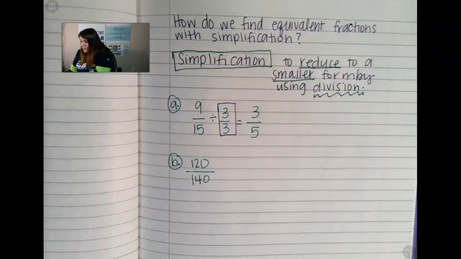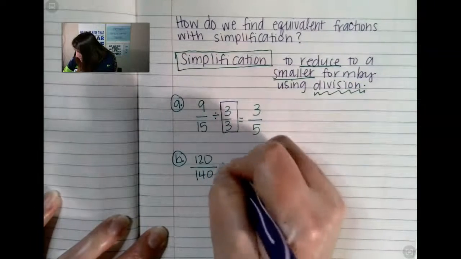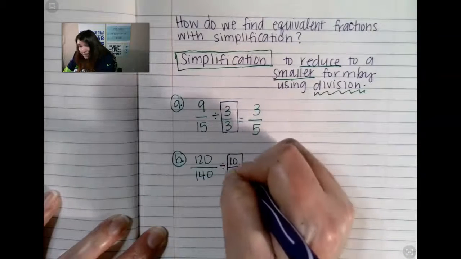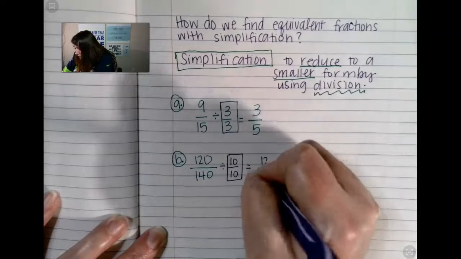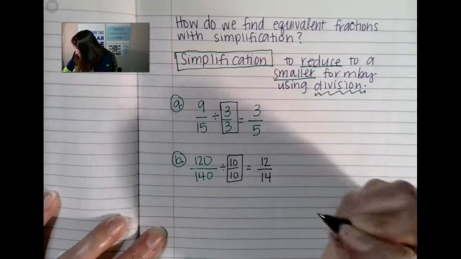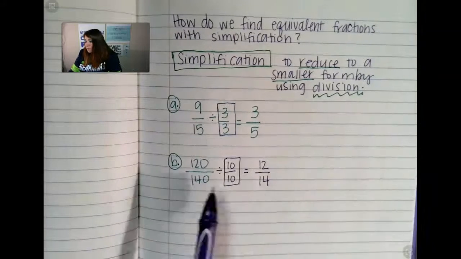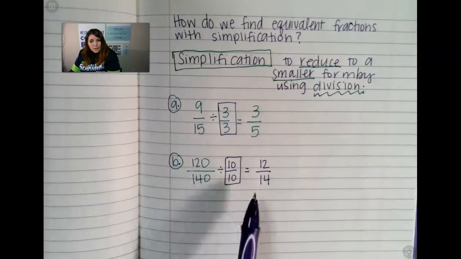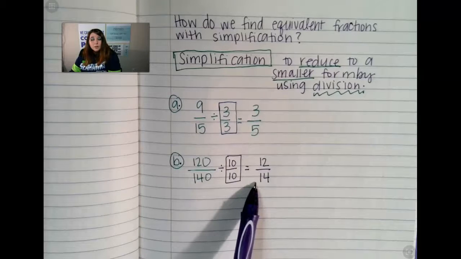So if I reduce it down by 10, or divide by 10 over 10, again, same top number, same bottom number, I get 12 over 14. That is reduced to a smaller number, but it's also an equivalent fraction. 120 over 140 is equivalent to 12 over 14.